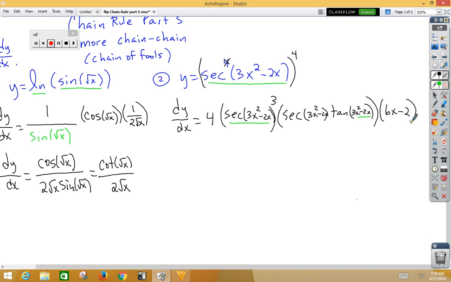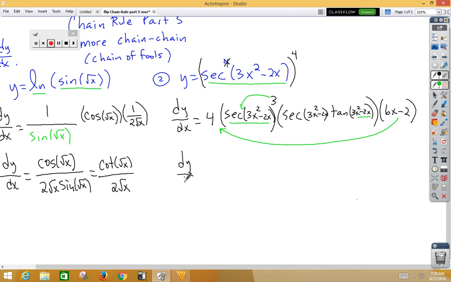That's a pretty nasty looking problem there. Thinking about how we could simplify that, I suppose we could bring that up into the front. We could distribute the 4 if we want to. And of course we could bring that cube back to its original spot.